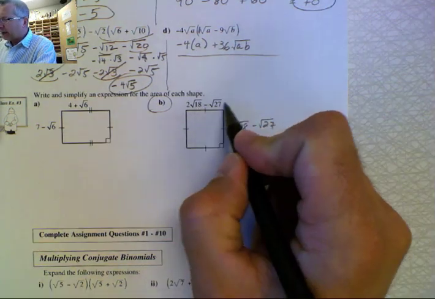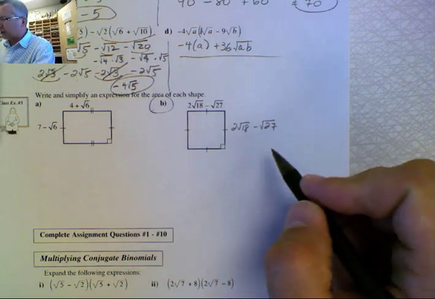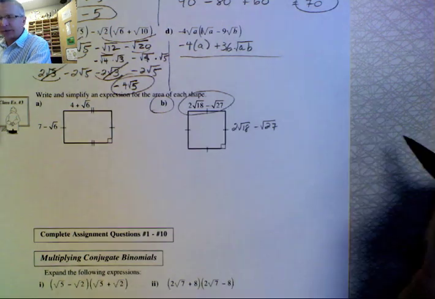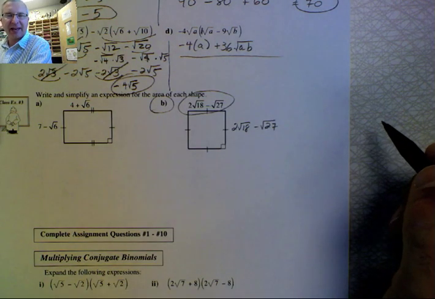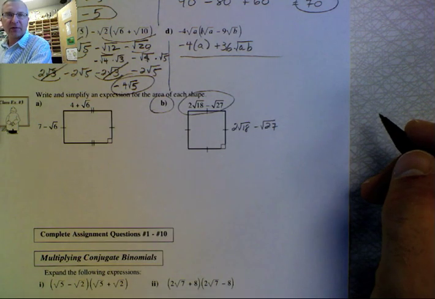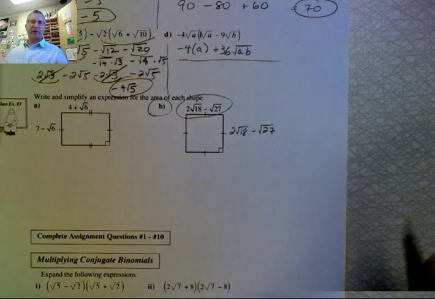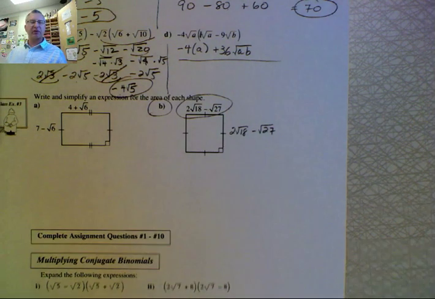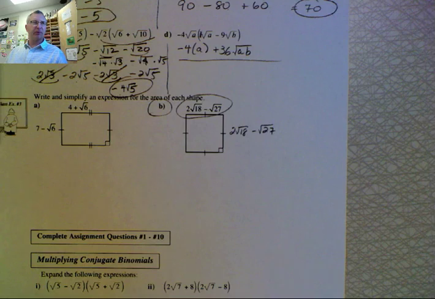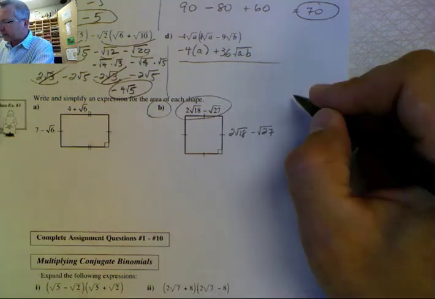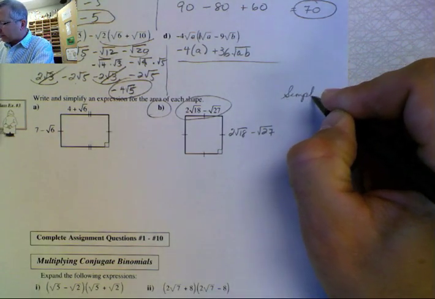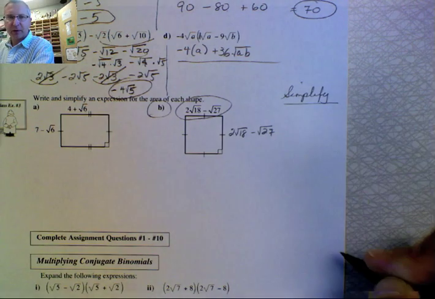Now, what we're going to do before we multiply this out is we're actually going to simplify these radicals because they can be simplified. And oftentimes it's a good idea to simplify radicals first because otherwise the numbers get really, really big when you do your multiplication and it's tough. So we're going to do our simplifying over here.